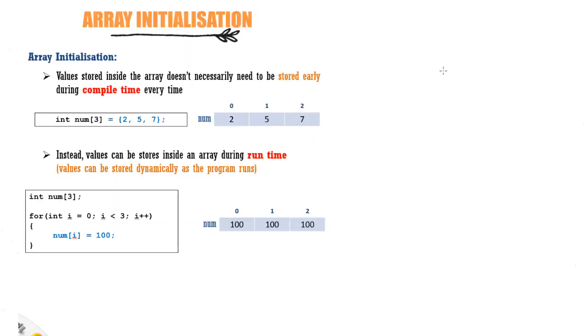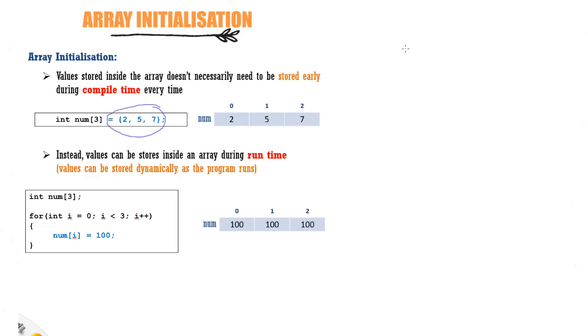Now, here's another thing that I want you to know when it comes to arrays. Values stored inside the array don't necessarily need to be stored early during compile time every time. This means that whenever you declare an array, the data doesn't need to be stored directly after you declare it.